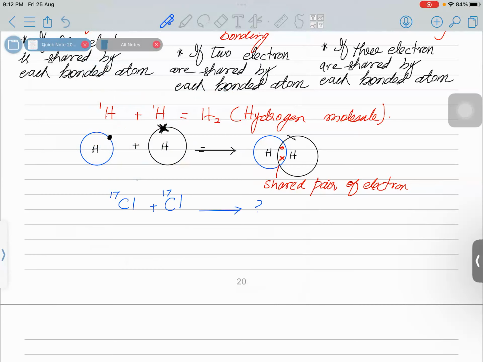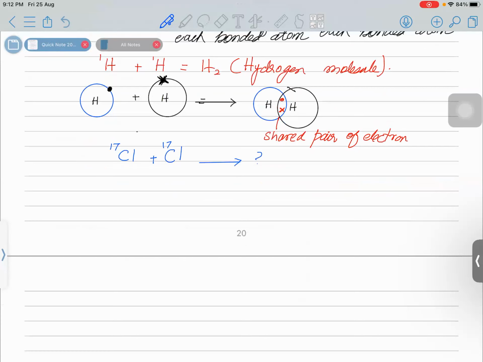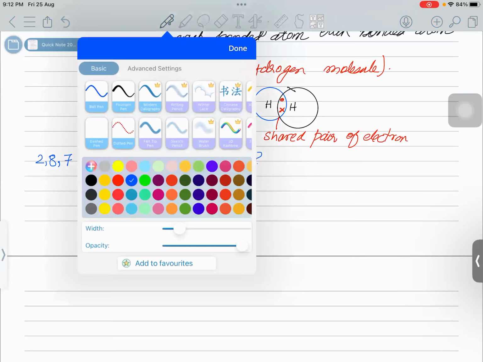As you know, to show a dot and cross diagram, only the valence shell is shown. So chlorine has 2,8,7, so 7 valence electrons.